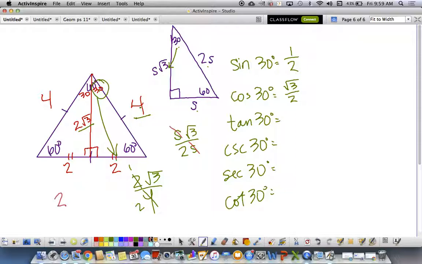Opposite is 2. Adjacent is 2 square root of 3. Are you going to reduce before you rationalize? You don't have to, but it makes it really nice. So you get the square root of 3 over 3.